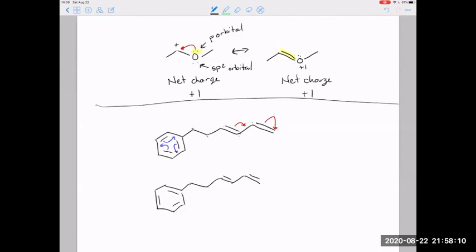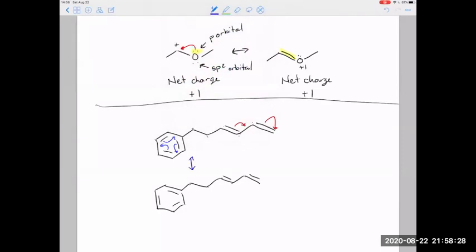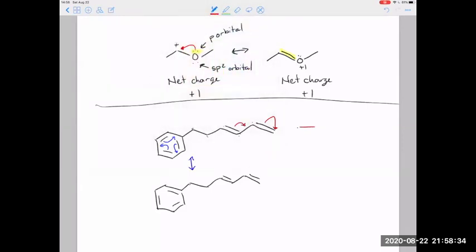So the important thing is that if I'm asking you to draw all the resonance contributors, you want to think about it as a set of molecules that would all be considered resonance contributors. Notice in this one, all I've done is bounce that blue network around and not the red network. I would have to do the same thing where I just did the red network and not the blue network, and then one where I did both.